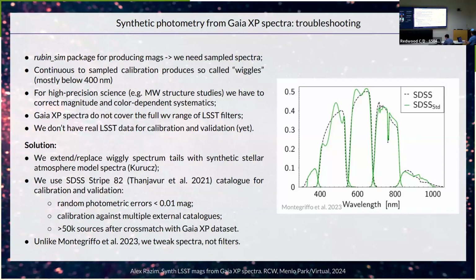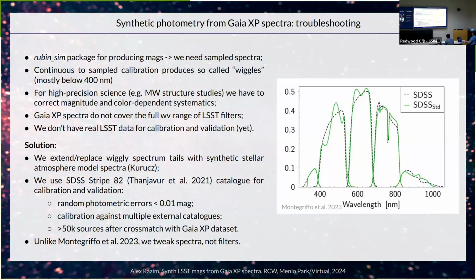There are several corrections that we should implement. First of all, Gaia XP spectra do not cover the full wavelength range. So at the U and Z or Y bands, there is some lacking photometry. We should add this photometry, and we are doing this by adding the adjusted synthetic atmospheric model spectra from Kurucz.